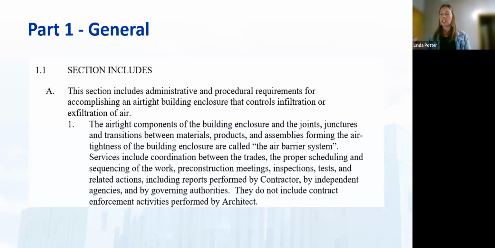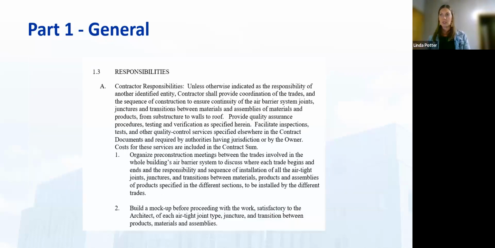You're talking about coordination between trades, proper scheduling, sequencing of work, pre-construction meetings, inspections, tests, reports, independent. You're talking about everything that's included in here, procedural and administrative, of what it's going to take to actually pull off an airtight building enclosure.